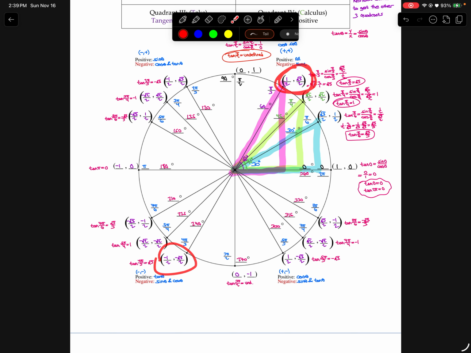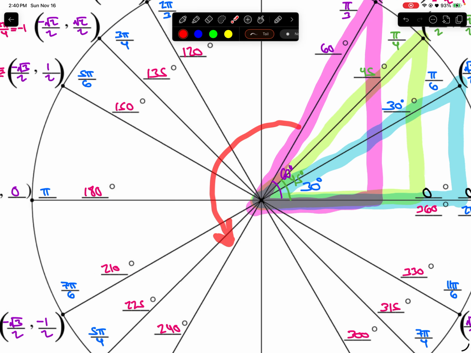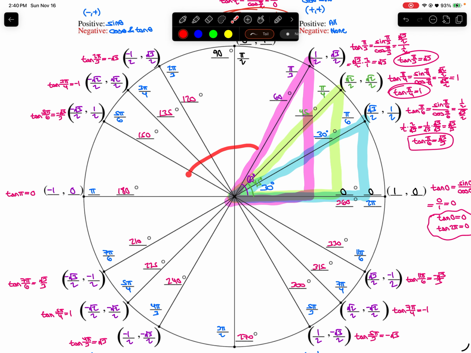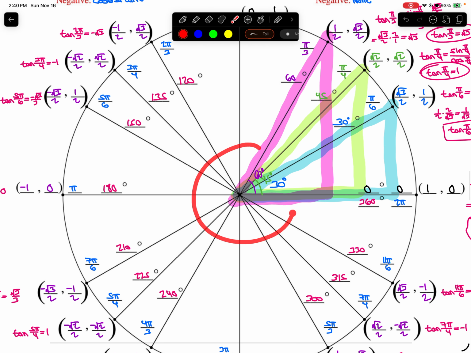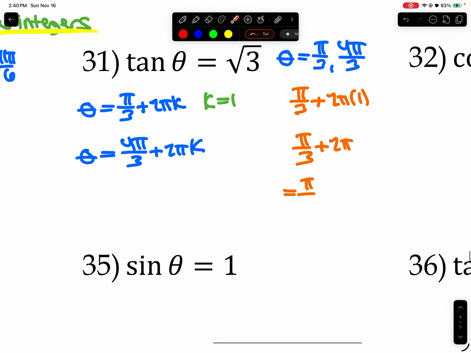So what's happening is these values right here, I'm going about this wrong. So what's happening is notice how these values are across the spoke from each other. So if these values are across the spoke from each other, notice how that's just a difference of just 1 pi. So I don't need to go around a full rotation. I can just go around a half rotation to get those values. So instead of adding 2 pi for a full rotation, what I can do is I can just add pi, a half rotation.